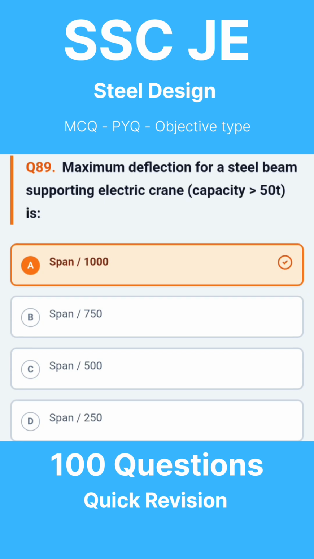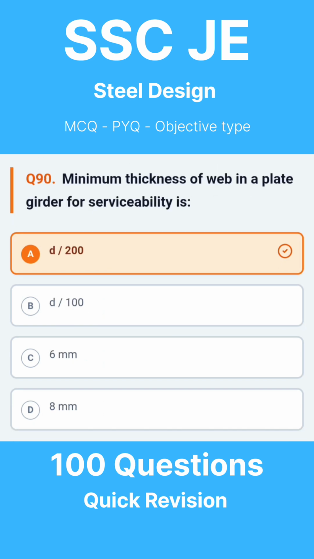Question 89. Maximum deflection for a steel beam supporting electric crane capacity greater than 50 t is. The correct answer is span divided by 1000. Question 90. Minimum thickness of web in a plate girder for serviceability is. The correct answer is d divided by 200.